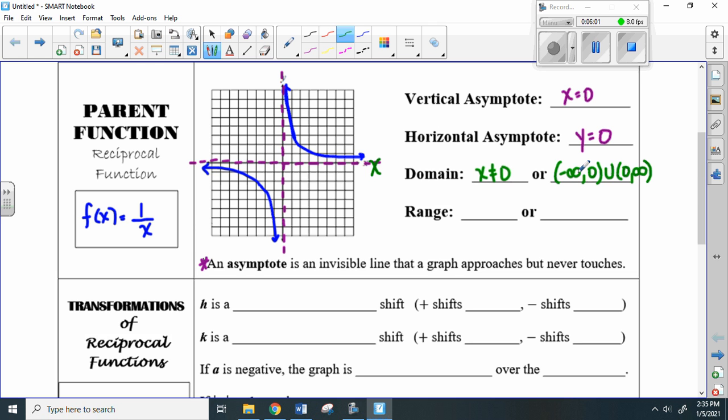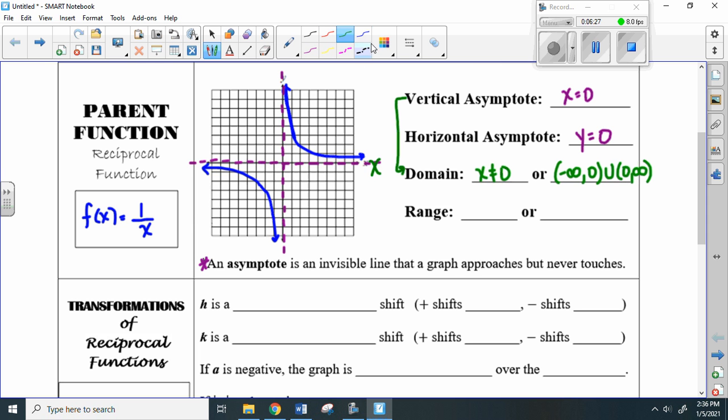So this interval means the same thing as x cannot equal 0. The vertical asymptote, and we'll talk more about this later, is directly linked to the domain. So if you know the vertical asymptote, you'll be able to find the domain.